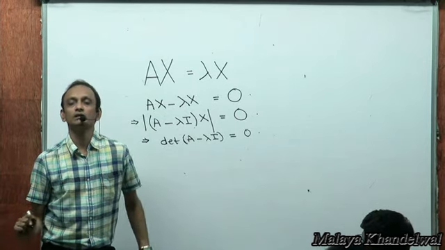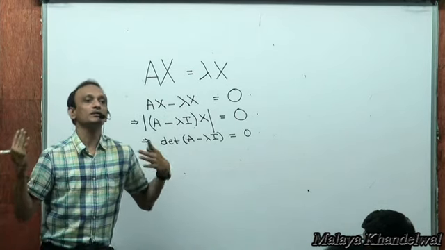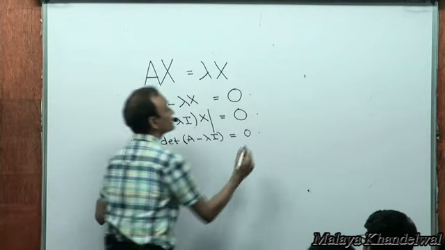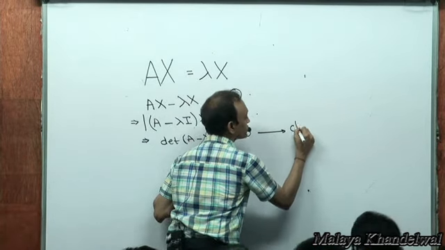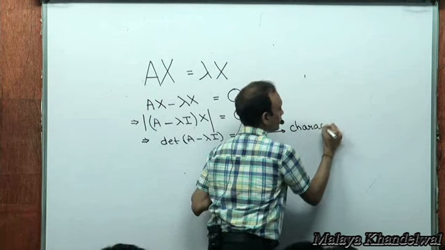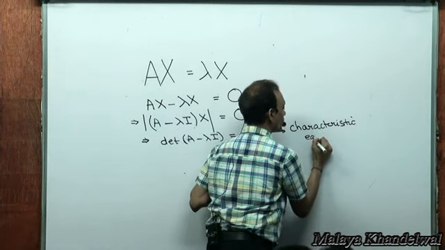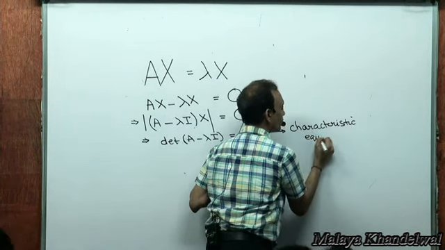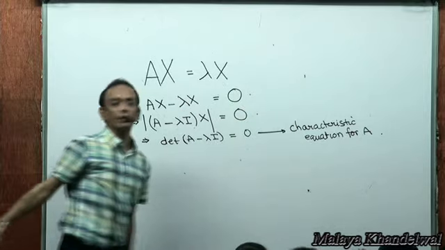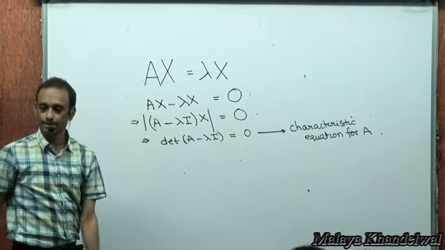And this equation is called the characteristic equation for the matrix A.